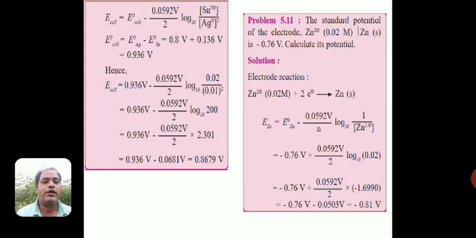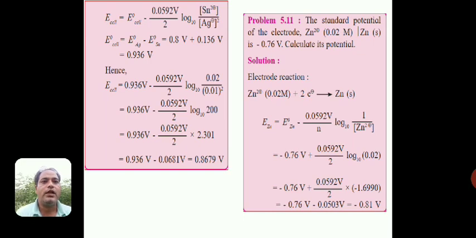When we solve that equation, we get the next line, 0.936 volt minus 0.0592 divided by 2 into log to the base 10, 200, which is 2.303. So 0.936 volt minus 0.0681, and if we solve this one, we get the answer 0.8679 volt.